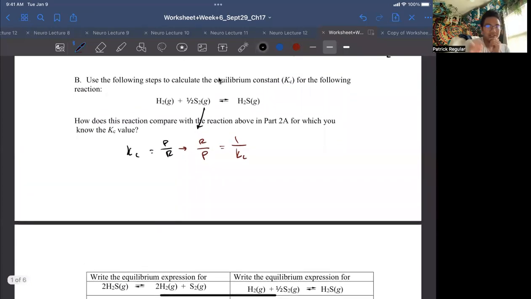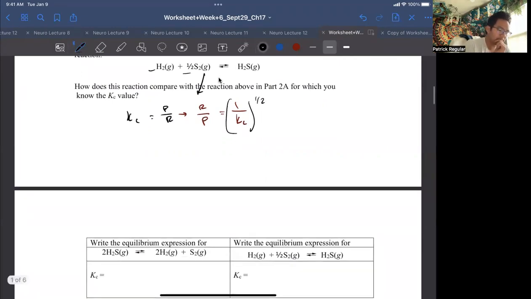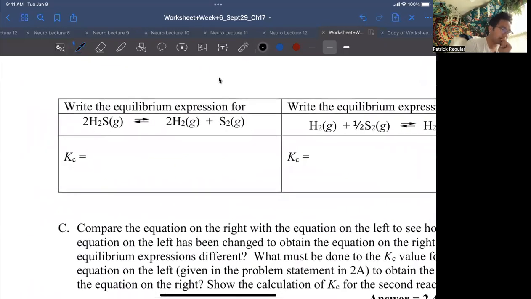Additionally, if we decrease those coefficients, we also decrease the order. So whatever we have, we decrease by a magnitude of, I think, a half. Yeah. We multiply it to the power of 1/2. There we go. So in this situation, our Kc constant will be our products over our reactants.